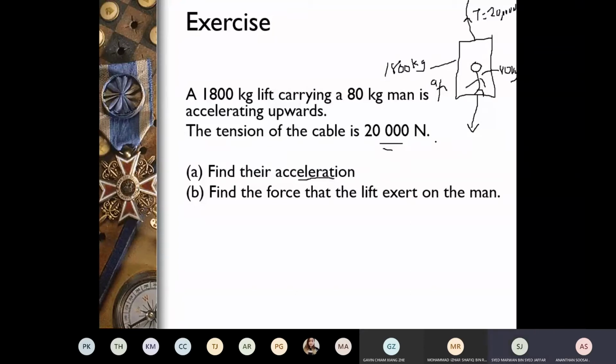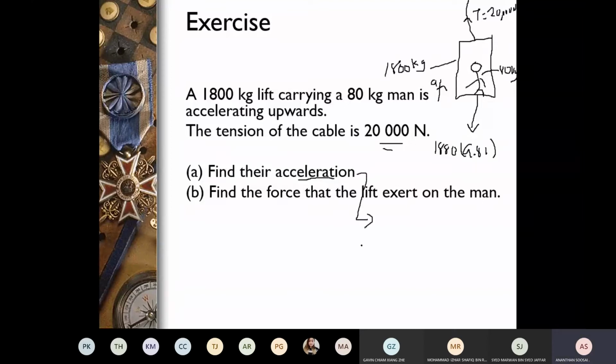So that means 1,880 times 9.81 is the force acting down. We are taking the entire system as one single system. The force acting up is the tension. The force pulling it down is 1,880 times 9.81. Can you find the acceleration now?